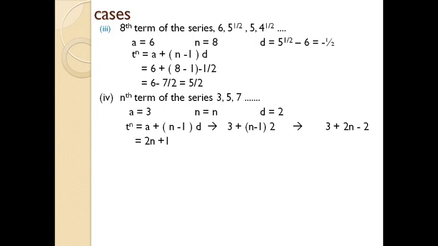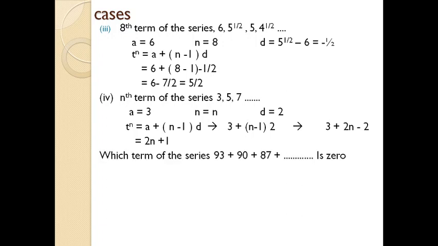You will arrive at forms like 2n plus 1, or a number associated with a variable. Here the answer for this question is 2n plus 1. So we will deal with further cases relating to this type of question.